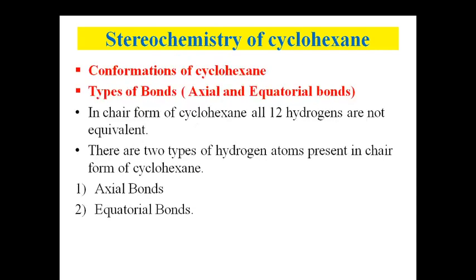These 12 hydrogens are not all equivalent. There are two sets of hydrogens present in the chair form of cyclohexane. Out of the 12, 6 form one set, the axial bonds, and the remaining 6 are equatorial bonds. Now let's see which are the axial and which are the equatorial bonds.